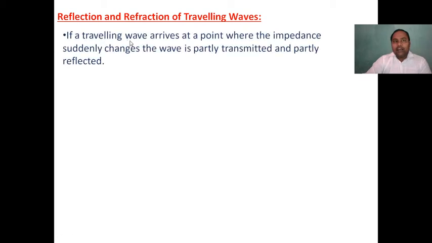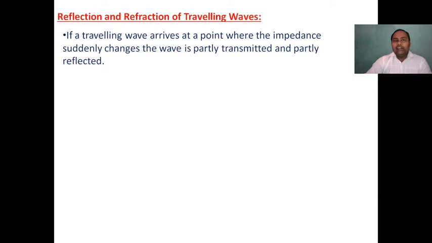If a traveling wave arrives at a point where the impedance suddenly changes, the wave is partly transmitted and partly reflected. This is a very important point in traveling wave studies. Whenever the impedance changes at junction points, what are the junction points normally?